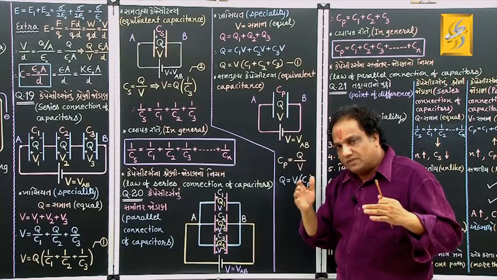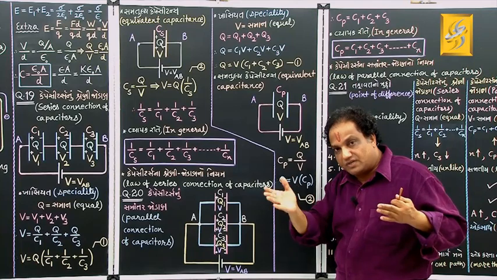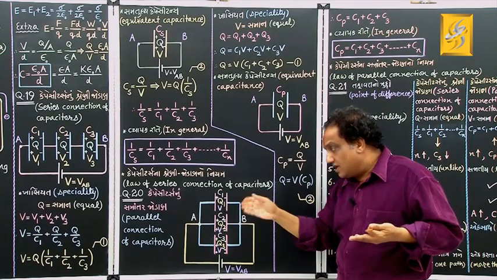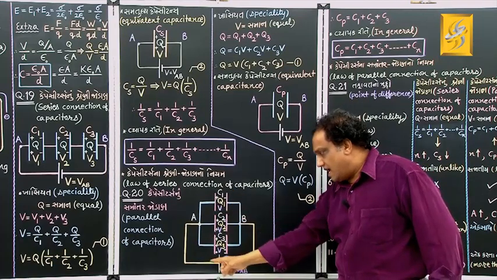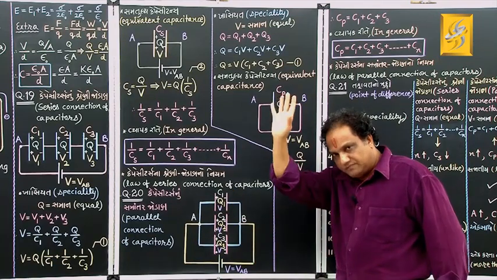And now the way we had replaced the connection by an equivalent capacitor, here also we have to do the same procedure. Remove this entire parallel connection, just remove it.